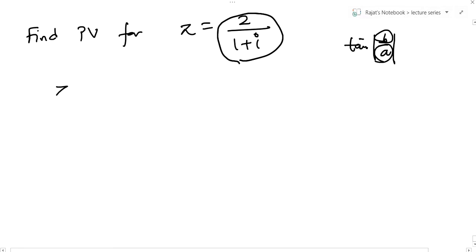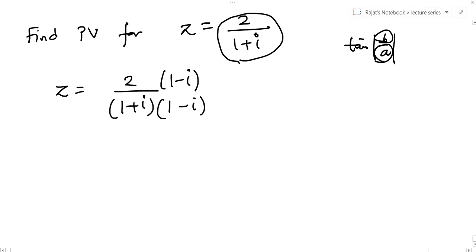So let's rationalize. z will be equal to 2 upon 1 plus i. In rationalization, we multiply the numerator and denominator by the conjugate of the denominator. This will be 2 minus 2i in the numerator, and any complex number, when multiplied by its conjugate, gives the real part squared plus the imaginary part squared.